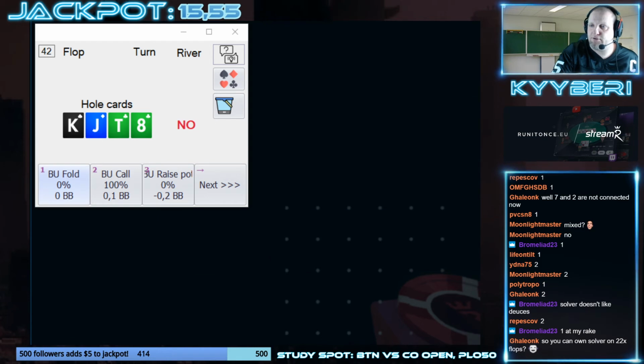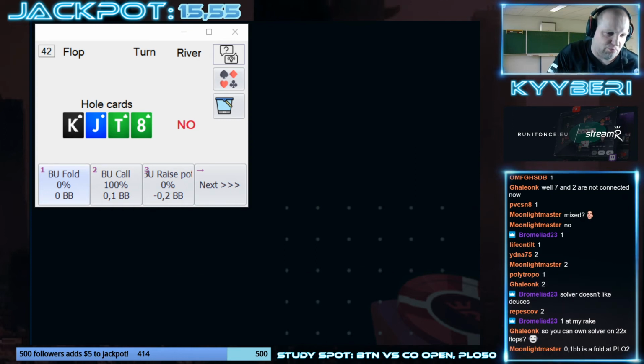Yeah, on deuce deuce boards or deuce deuce deuce, just go for pot pot pot because solver never has quads. Well, I don't even know if it's a fold on PLO2, because PLO2 probably has quite the same rake as PLO50 or even smaller.